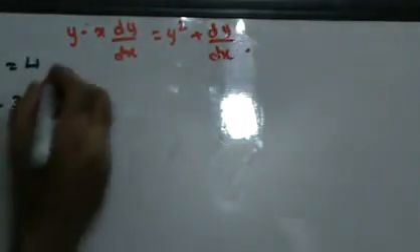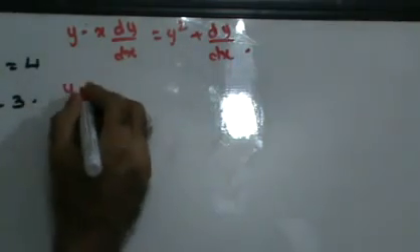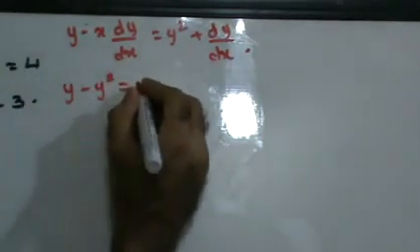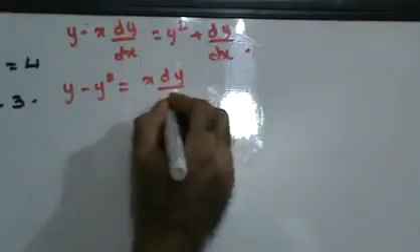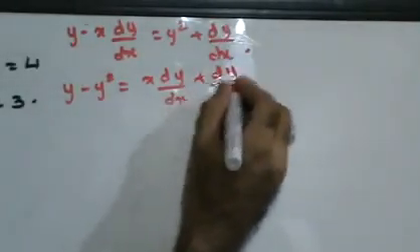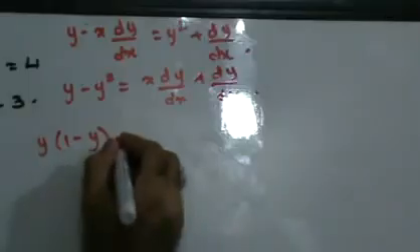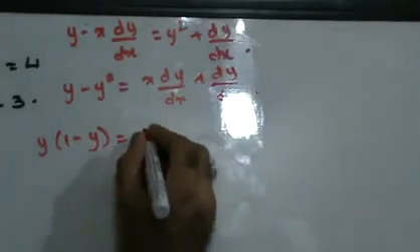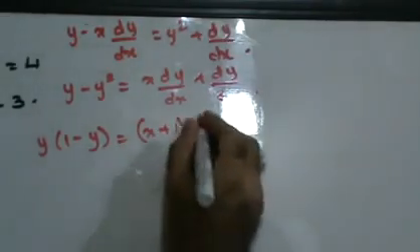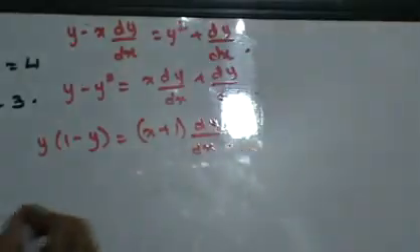Now take this dy by dx on the other side, so I'll get y minus y square is equal to x dy by dx plus dy by dx. You will get this as y(1 - y) is equal to (x + 1) dy by dx.